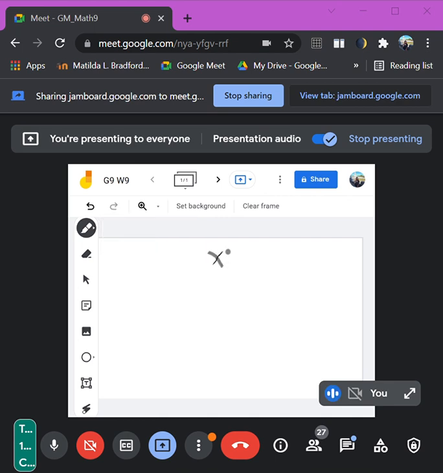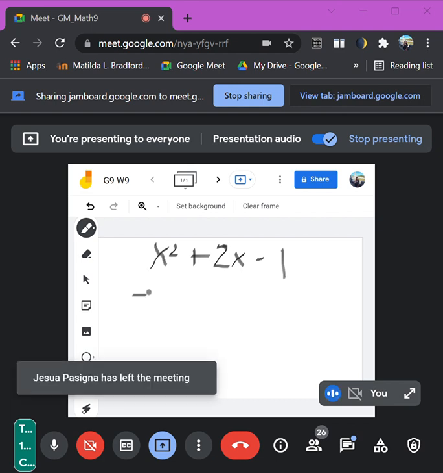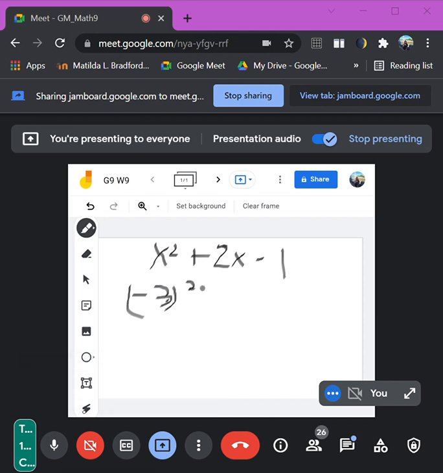So, you have there, x squared, and then plus 2x, di ba? 2x. So, double check always, class. And then we substitute negative 3. So, negative 3 squared, and then plus 2 times negative 3, and then minus 1.